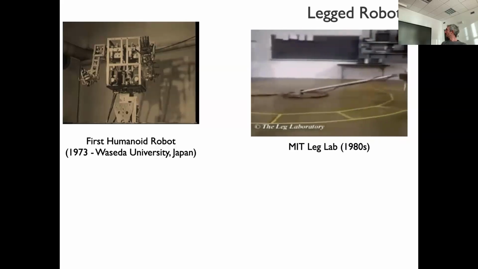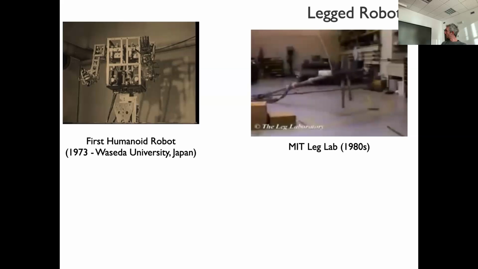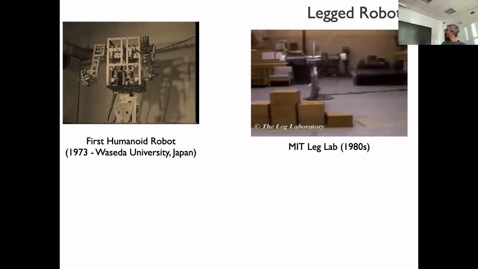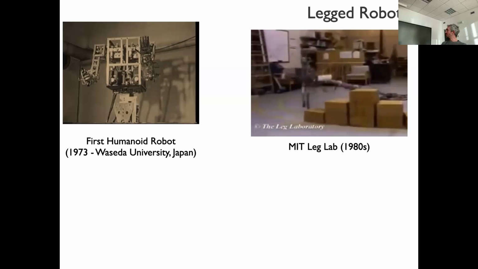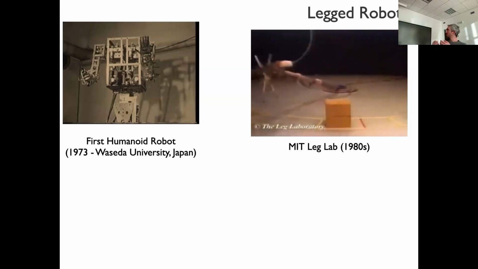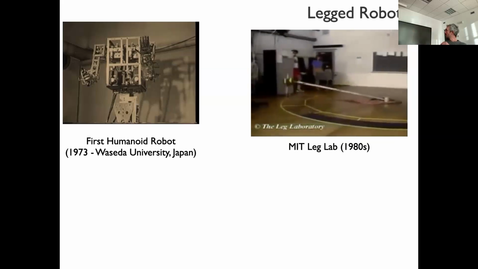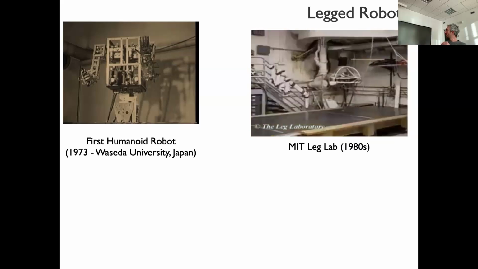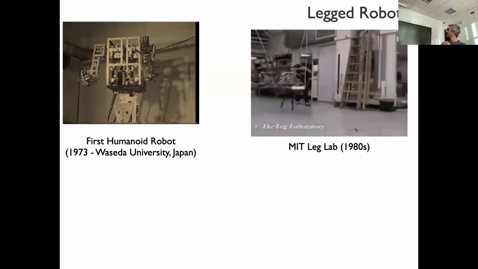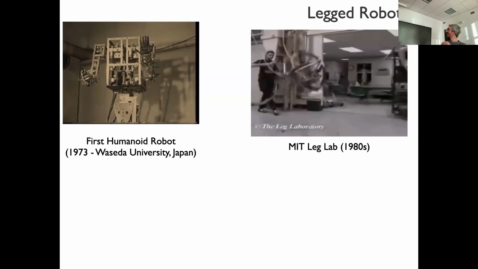You can see there the monopod hopper evolved into a biped hopper, which still works in a two-dimensional world because it is attached to the ground through this bar, but it can do some pretty impressive stuff. And now they freed it from this bar, and they made it walk and jump in 3D, doing somersaults.